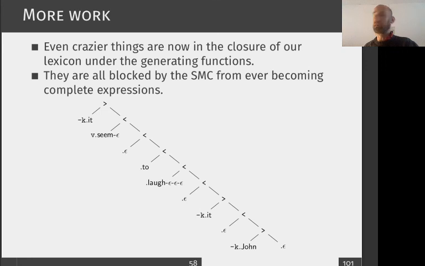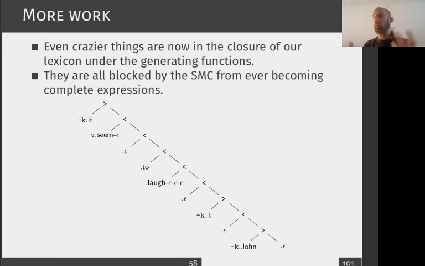What that means is, even though nothing stops us from adjoining an expletive it whenever we want, if we do it willy-nilly, those things that we build are already broken. They're dead in the water.